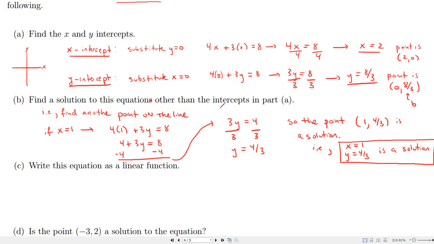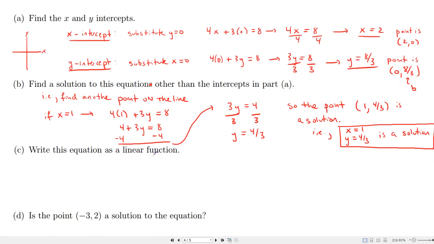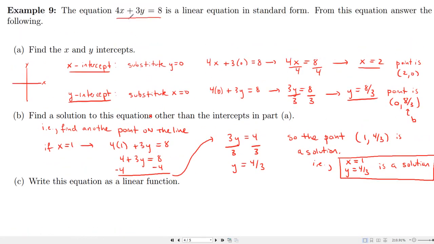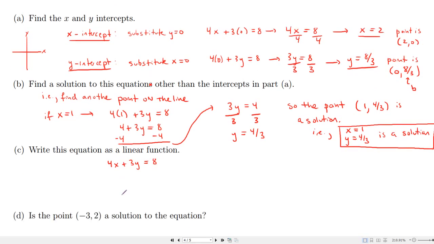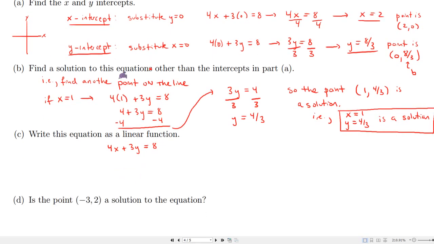Now, if we want to write an equation for the linear function, all we have to do is just solve for y. So we have 4x plus 3y equals 8. Let's solve for y. So we would subtract 4x from both sides. You're left with 3y equals minus 4x plus 8.